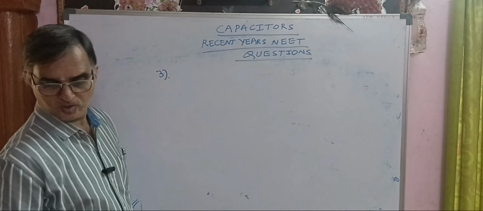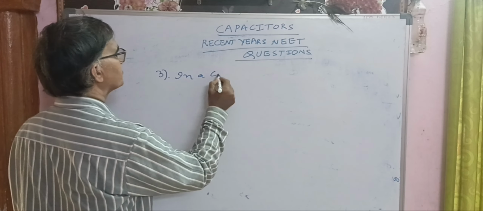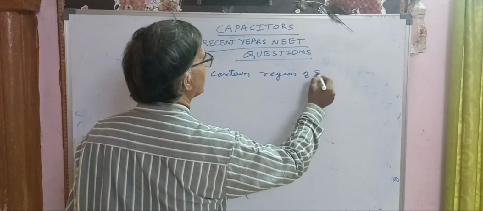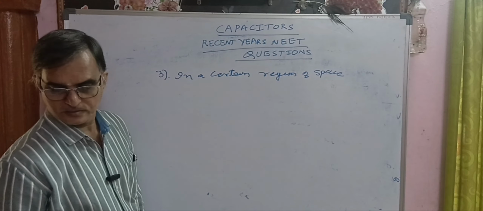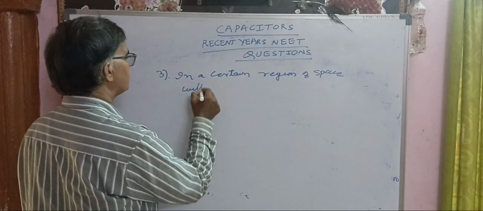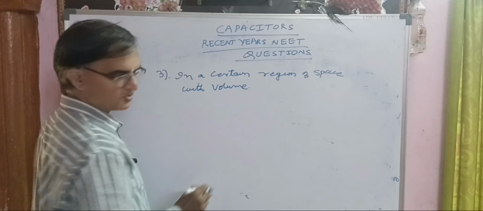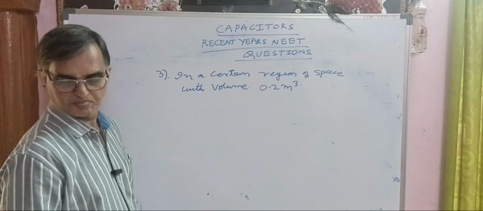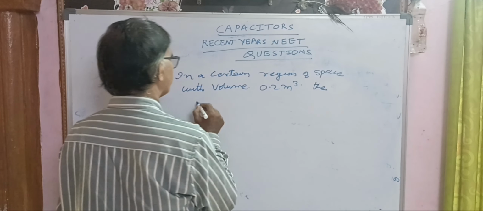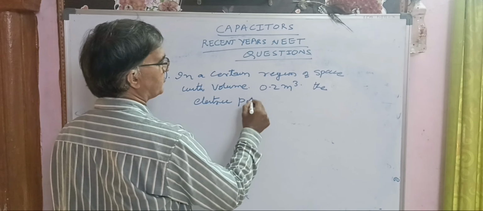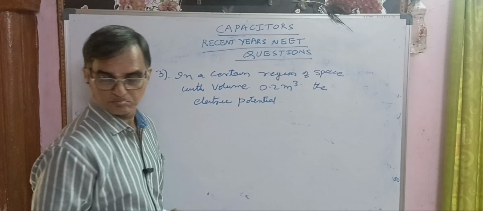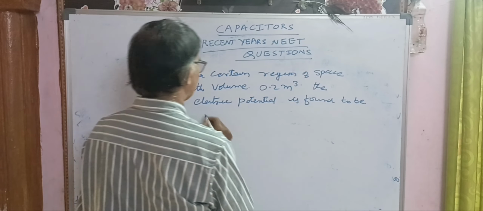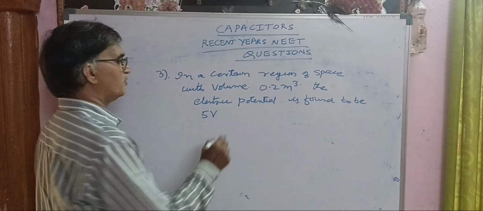Now the third problem. In a certain region of space, with volume 0.2 cubic meter, the electric potential is found to be 5 volts throughout.